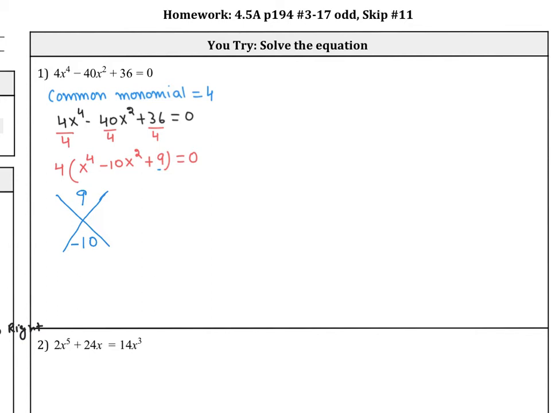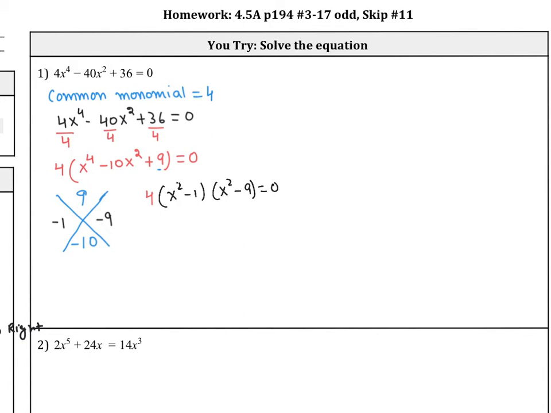Those two numbers are negative 1 and negative 9. When you multiply, you get 9. When you add them, you get negative 10. You write the 4 as it is, and the two factors you get are x^2 minus 1 times x^2 minus 9 equals 0.